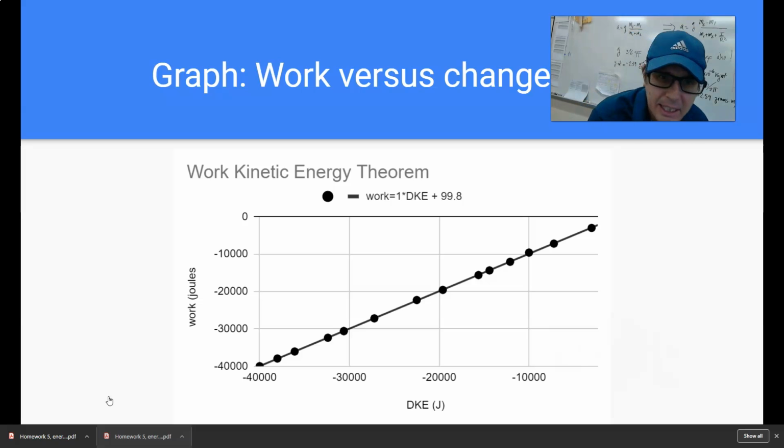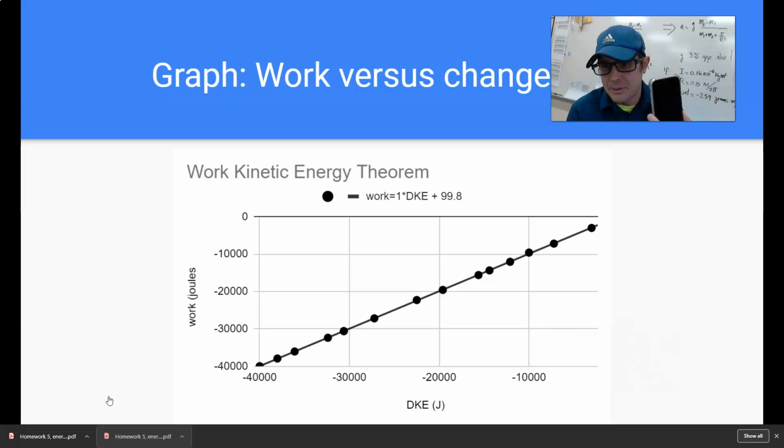So this is an indication that the work done on the object by friction is equal to the loss of kinetic energy. And what is the source of error? Why is the y-intercept that big if this is a simulation? Because you use the timer, you use your fingers and the stopwatch on your cell phone to find the time to stop.